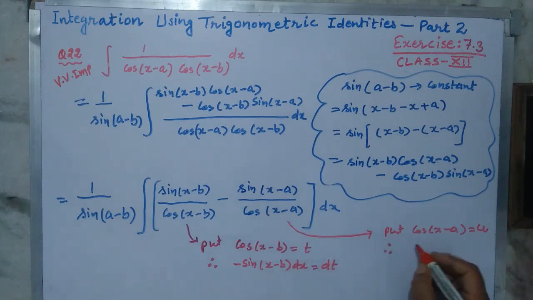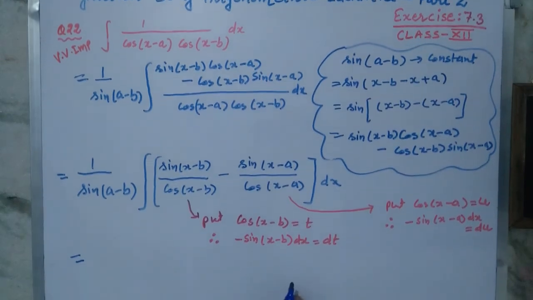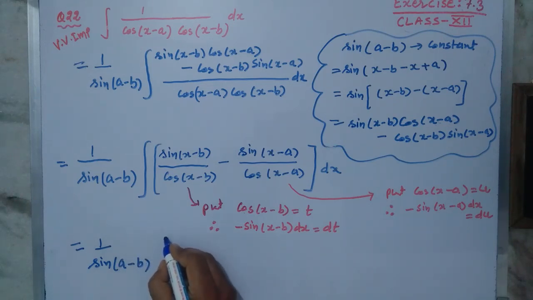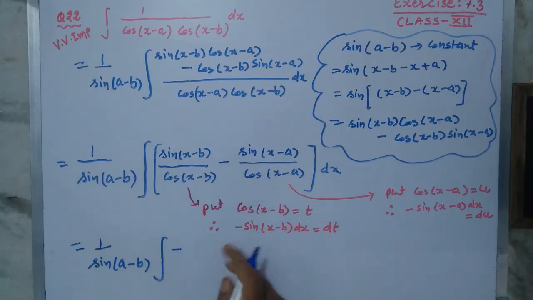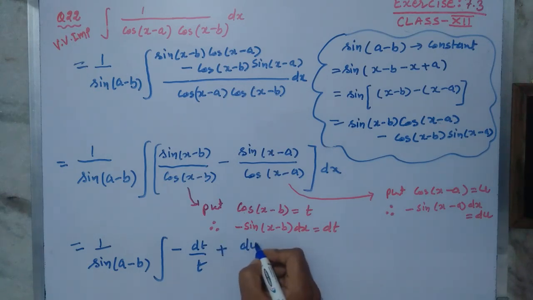So the derivative is minus sin(x minus a) into dx equal to du. So accordingly the answer becomes 1 upon sin(a minus b), which is constant. Inside we have a minus sign because of this, minus dt upon t. Next, this minus sign is there, so du is this, plus du upon u.